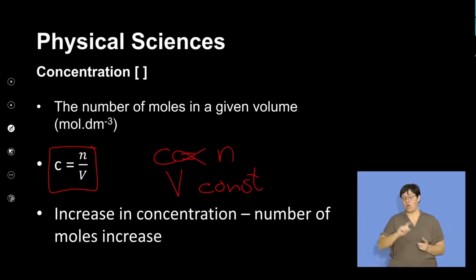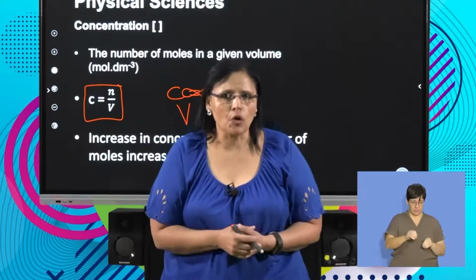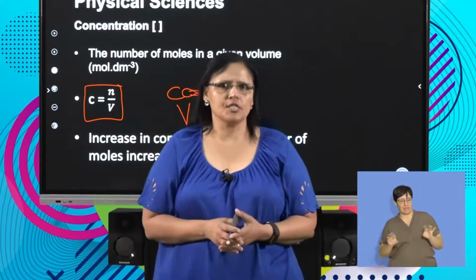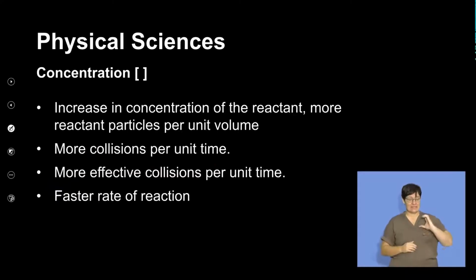So according to the collision theory, we need to explain it in terms of the particle motion and the collisions, and we need to talk about the effective collisions per unit time. So an increase in concentration of the reactant will mean there are now more reactant particles per volume.